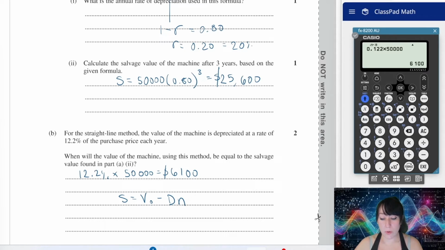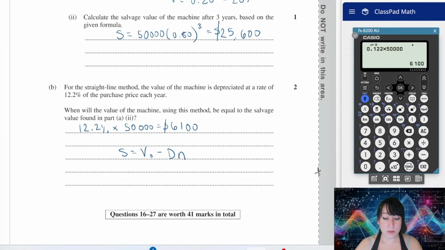And they want to know when the salvage value is equal to that found earlier, which is the 25,600. V naught is 50,000, of course. Depreciation per period, 6,100 times N. That's what they're asking us for, as in when, as in time.